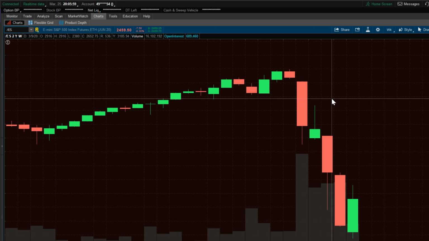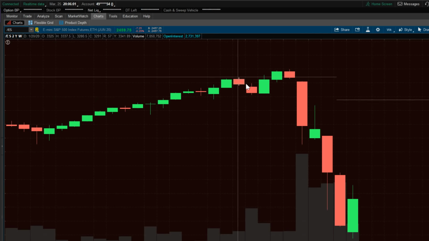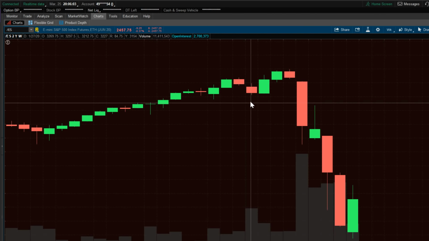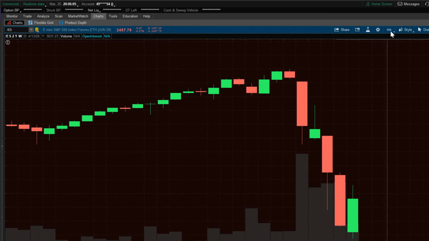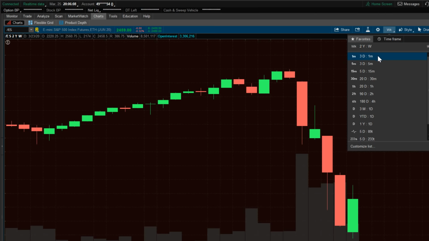But what we're going to focus on here are time-based charts. This is a weekly chart, and you have all different kinds of time frames. Traders like to look at the daily chart for swing trading, weekly chart, 4-hour chart, 1-hour chart, 30-minute, 15-minute, 5-minute, 1-minute, 3-minute.